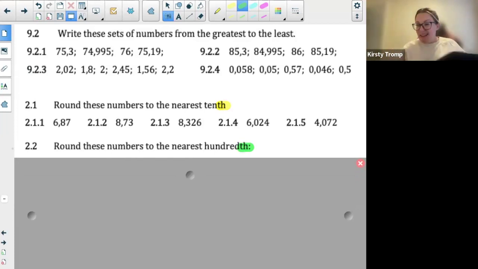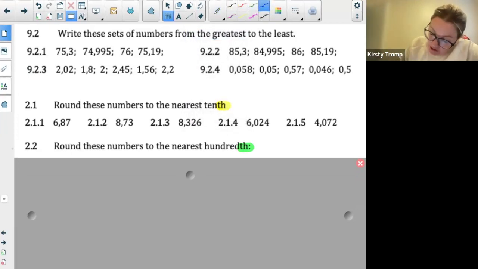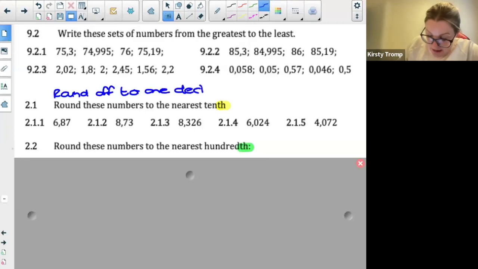When you're in grade 8 now, another way that they can say this to you, instead of saying round off to the nearest 10th, is to say round off to 1 decimal place.